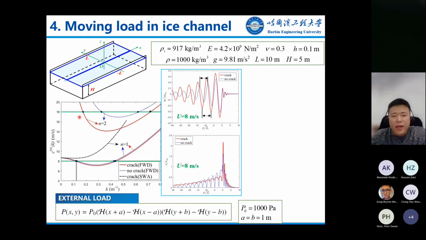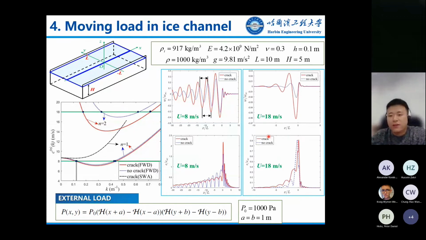For load moving at 18 meters per second, the ice deflection of the ice sheet with and without a crack are very different. The deflection amplitude of the ice sheet with a crack is much larger than that of the intact ice sheet. Coincidentally, the maximum strain along the center of the channel is the same for these specific conditions.